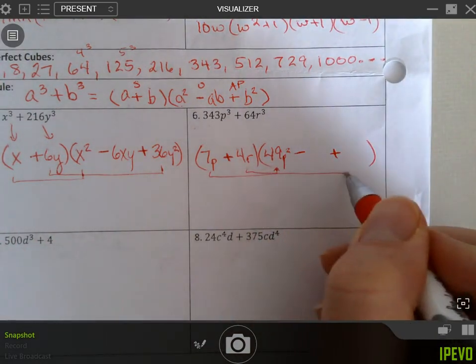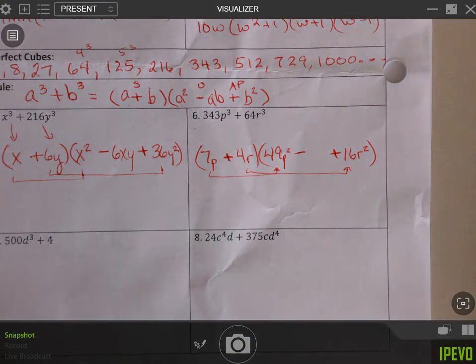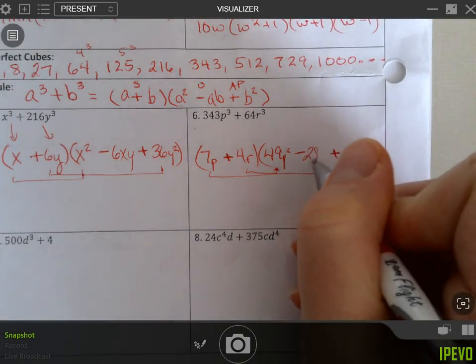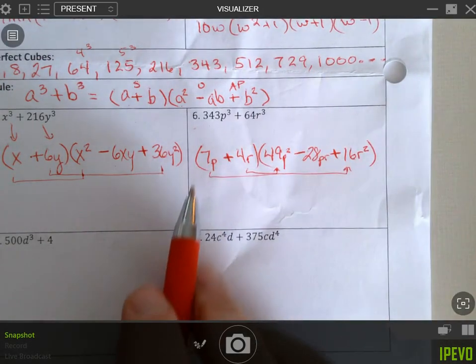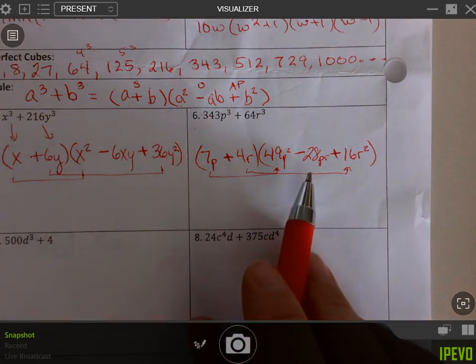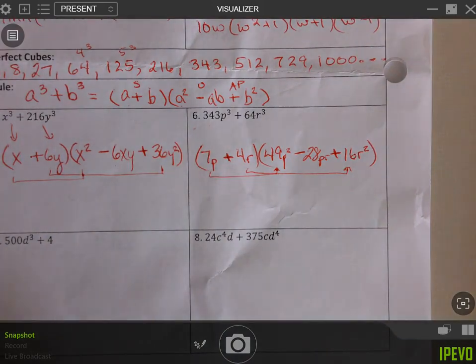Take the 4r and square the quantity to be 16r squared. What goes in the middle? 28pr. So the product goes in the middle, and the sign was already set. There's that 28pr from 7p times 4r. Okay.